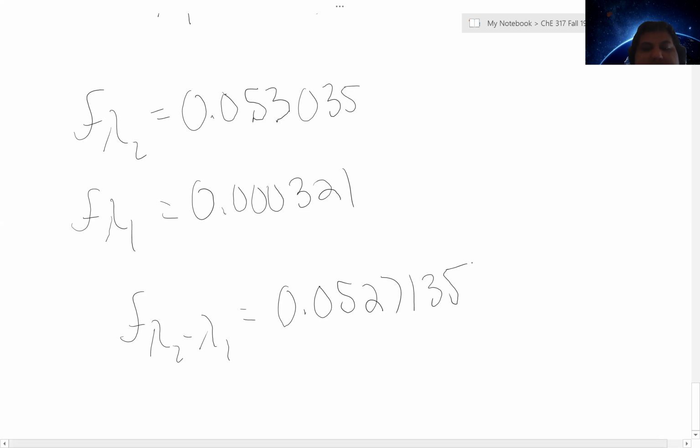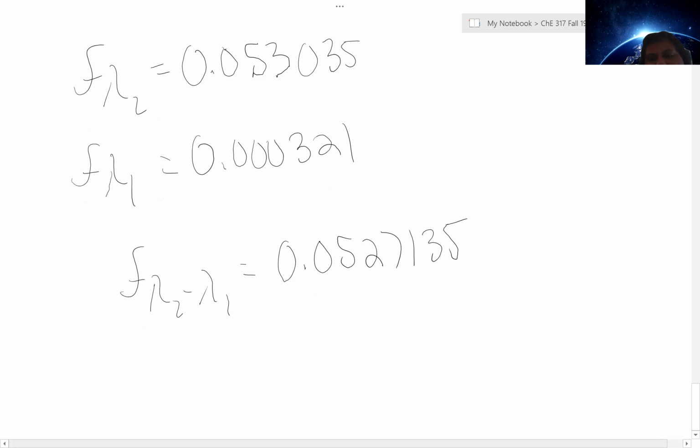I really don't care about those sig figs, so really only 5.27%. So about 5% of the energy emitted falls within the visible range.